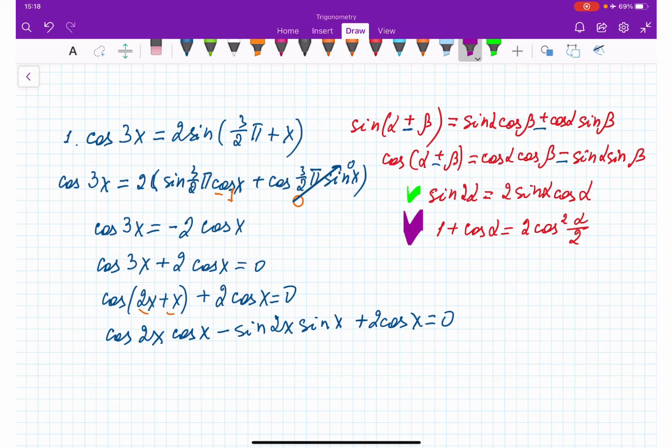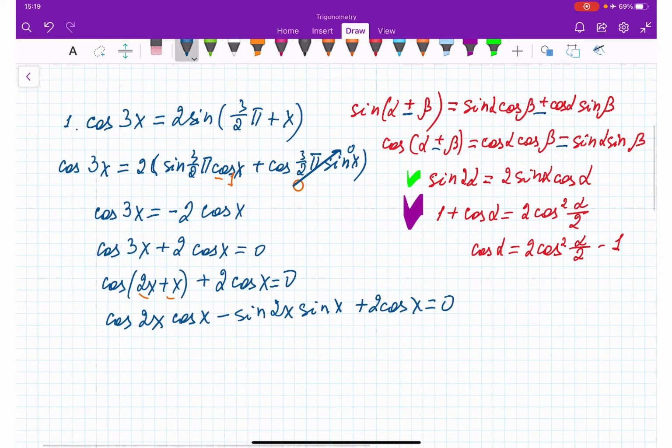So if I use this formula, because I need to convert 2x to x, to get it in the format of x, my 2x is this cosine alpha, because that's what I need. I need half of this 2x angle, so I'm taking cosine alpha. From here, cosine alpha is equal to 2 cosine squared of alpha over 2 minus 1.